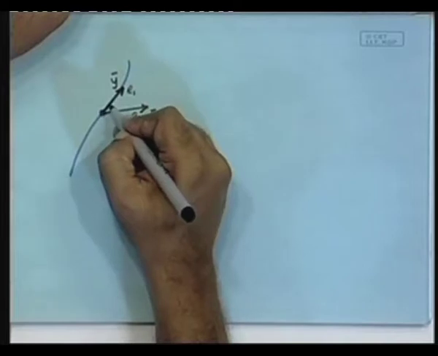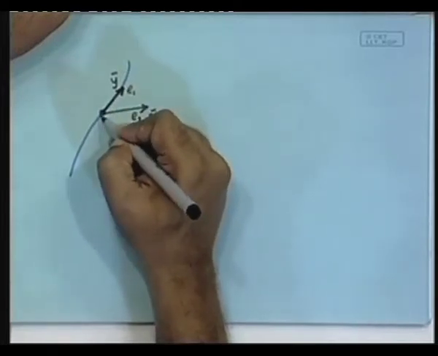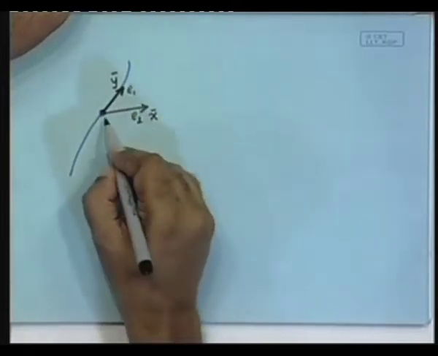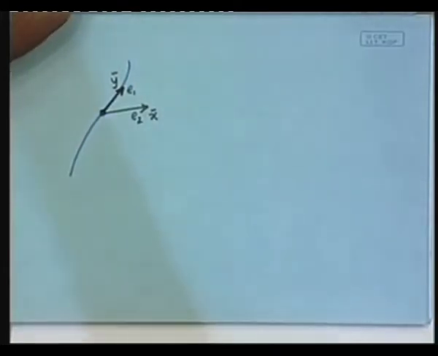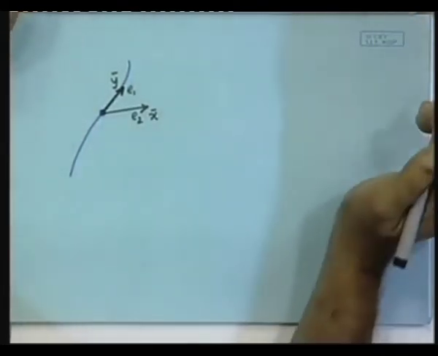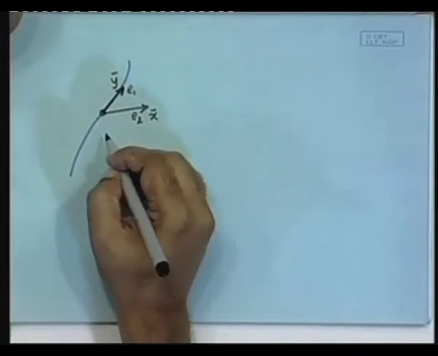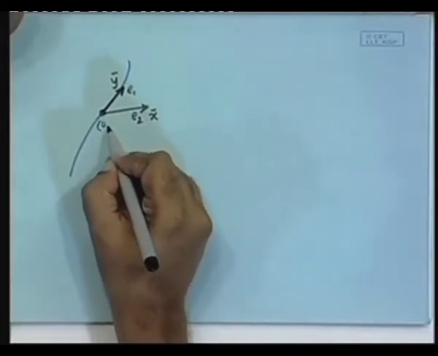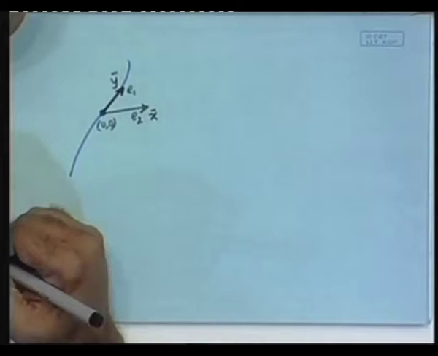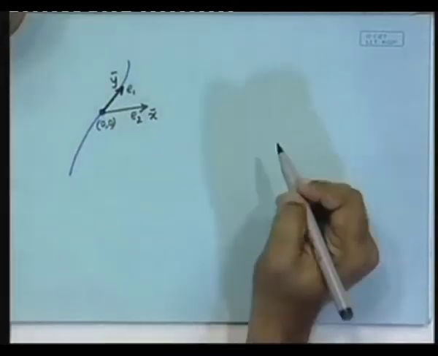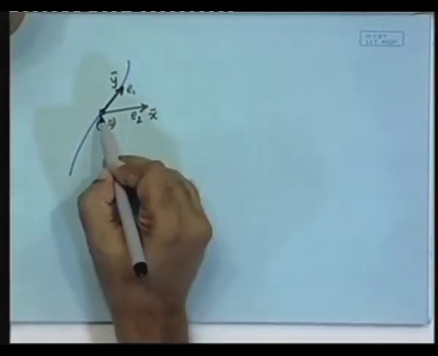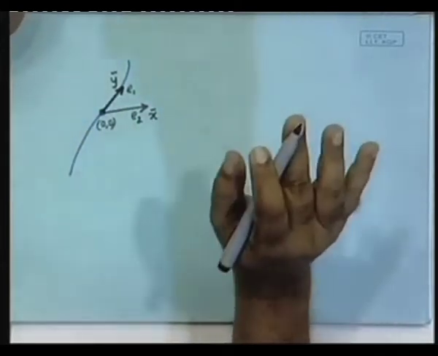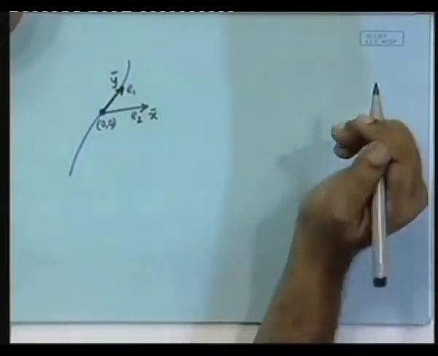We say that now my y direction is along E1 and x direction is along E2. That is the coordinate transformation that we have done. And this is my fixed point, new fixed point. New origin. If this is my new origin, this is x axis, this is y axis, then we can now write down the actual transformation that we have done.